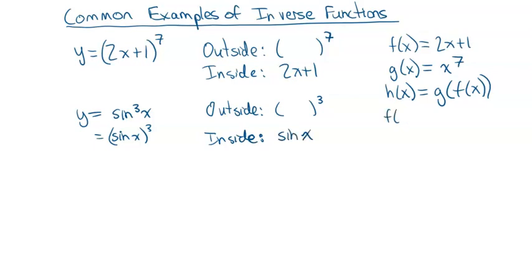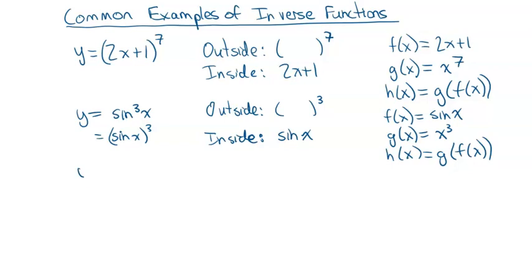So if I have f of x is equal to sine of x, and I have g of x is equal to x cubed, then h of x would be g of f of x. In other words, you would take the sine x, put it in place of the x, and then you would cube it. And so you get sine cubed x.